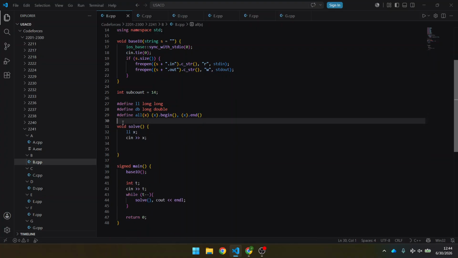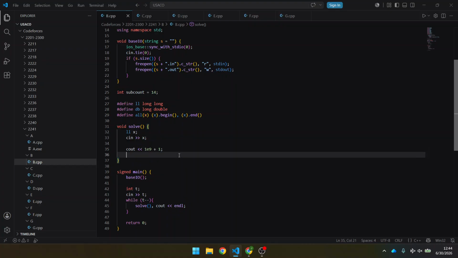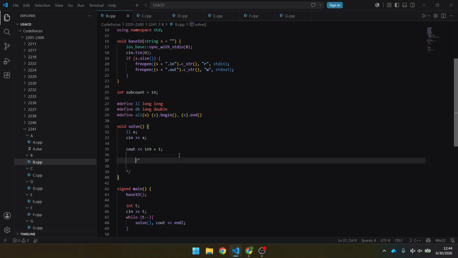You know what, you can just output 1e9 plus 1. Because this is just 1 followed by 9 zeros, times x. So x and then add 9 zeros, and then after the add one, you add x to here.